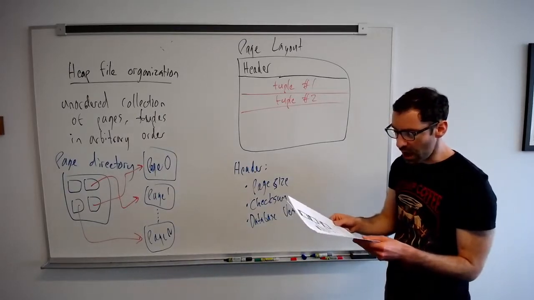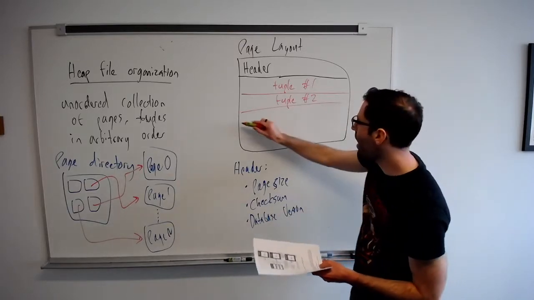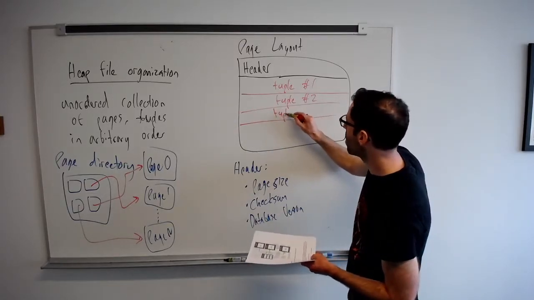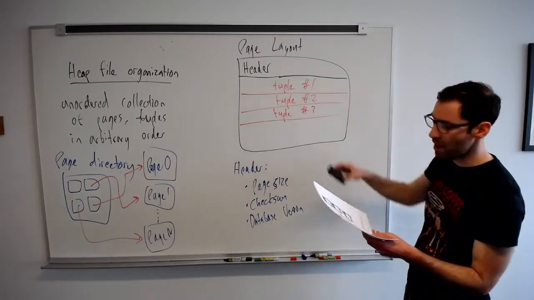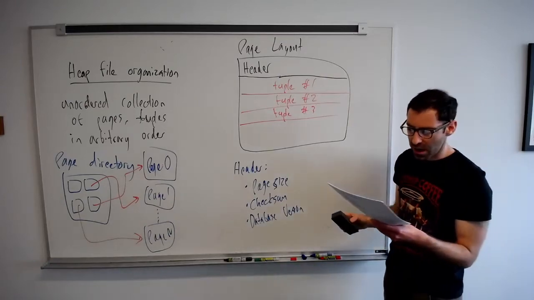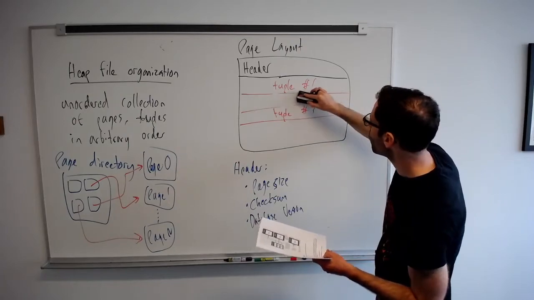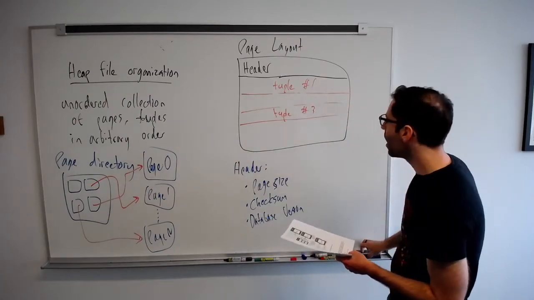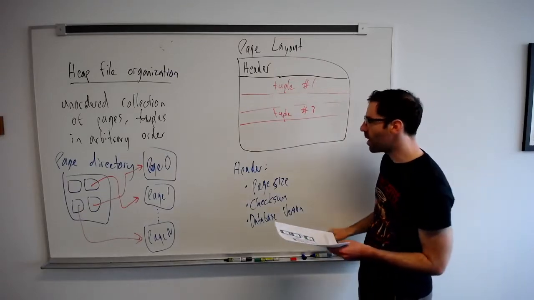And the other issue that arises is, if we have our tuples laid out like this, and then we delete a tuple from the database, we have this hole in our page.